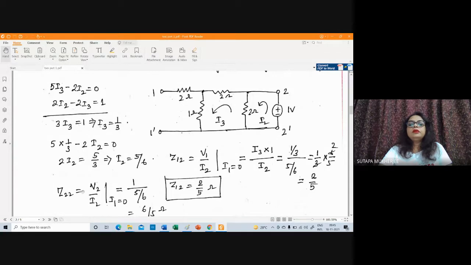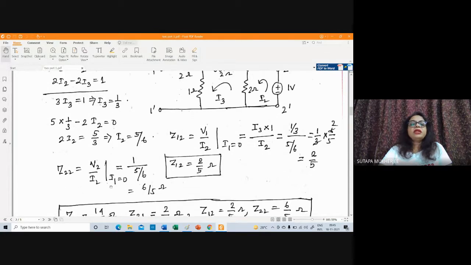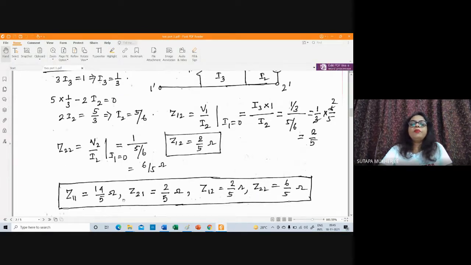And what is I2? 5 by 6. So Z22 is 6 by 5. Now you have got 4 parameters, open circuit impedance parameters: Z11 14 by 5 ohm, Z21 2 by 5 ohm, Z12 2 by 5 ohm, Z22 6 by 5 ohm. Is it clear to all of you?